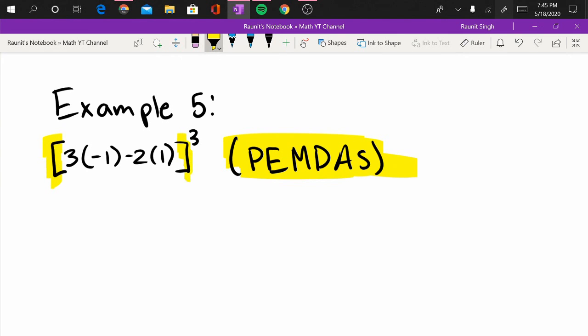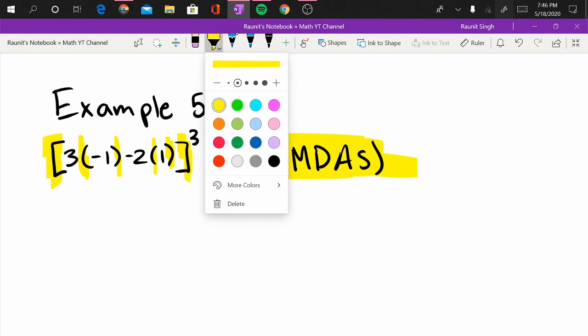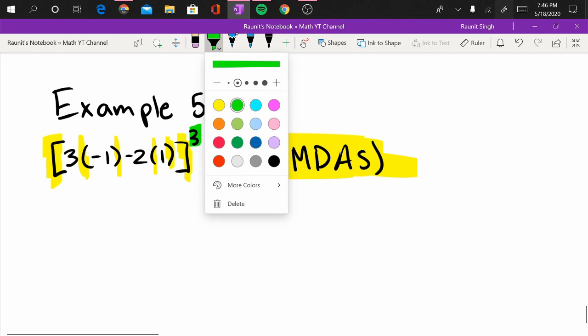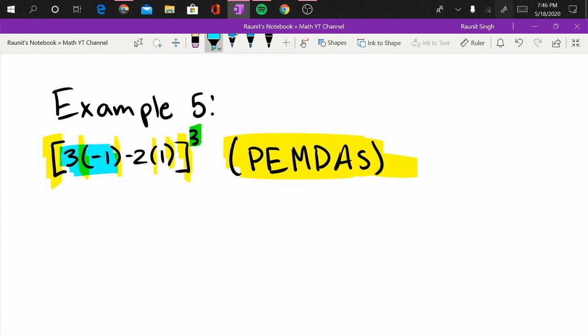We actually have multiple. So right there, right there, right there, right there. Okay? And then we also have exponents as well. Right there. That's your exponent. We do have multiplication, both here and here. And then we have subtraction as well.